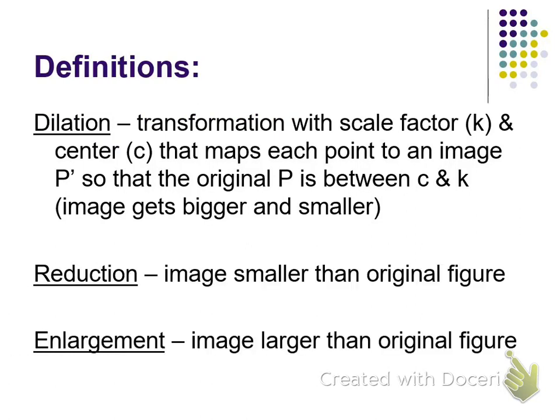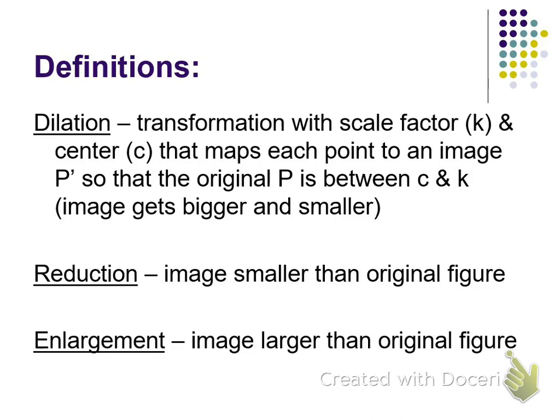Couple definitions. First, what is a dilation? Someone was asking that before class started. It's a transformation with scale factor k and center c that maps each point to an image p prime so that the original p is between the center and your scale factor.